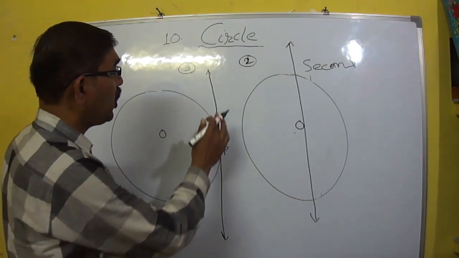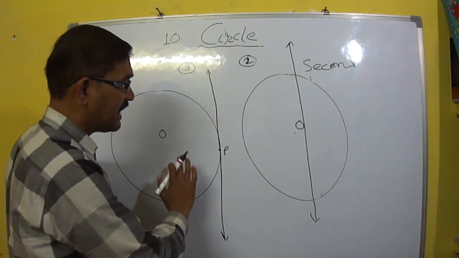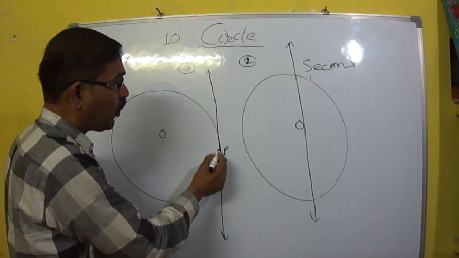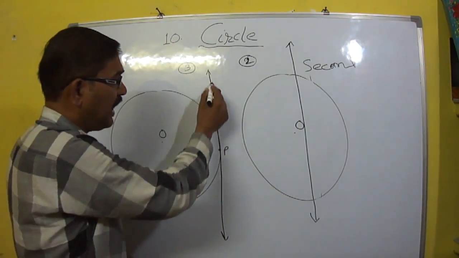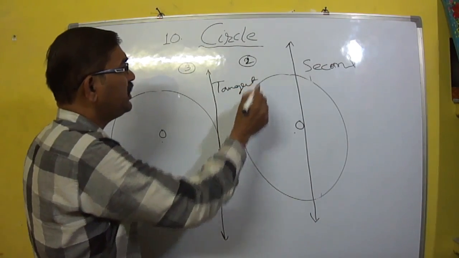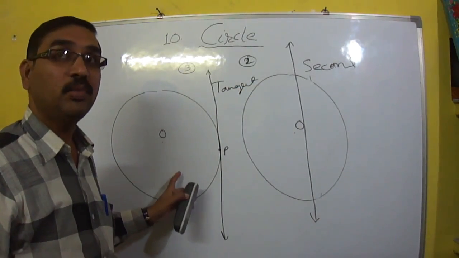The third position of the relation between line and circle is that when line touches only one point of a circle, that line is known as tangent of a circle. This is the third position.